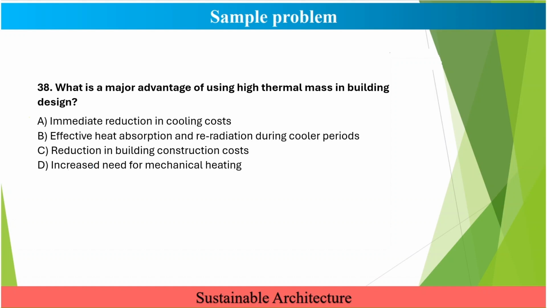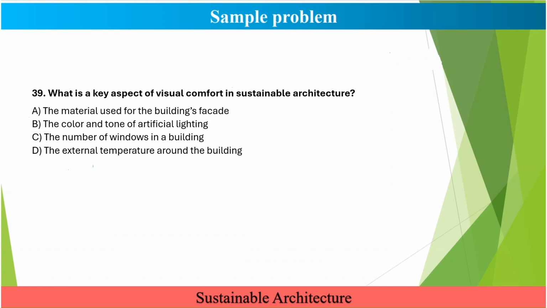Can we move to the next question? Yes, sir. Okay, here is 39. What is the key aspect of visual comfort in sustainable architecture? These questions will all be based on the last lecture of week 4. The key aspect of visual comfort: the color and tone of artificial lighting.